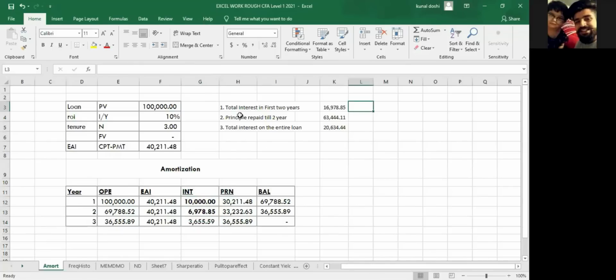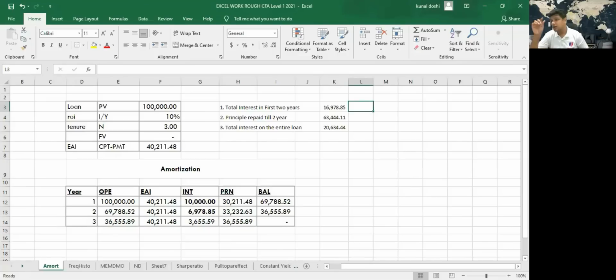Now, all this is easily doable in your calculator. That's the magic. How to do that? In your calculator, you have a function: press second, then PV.